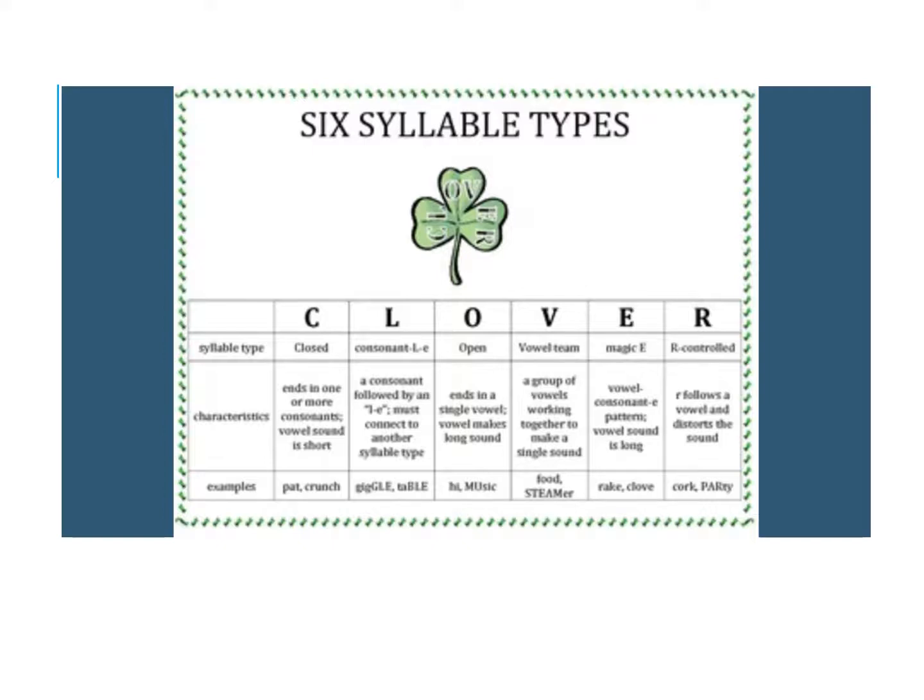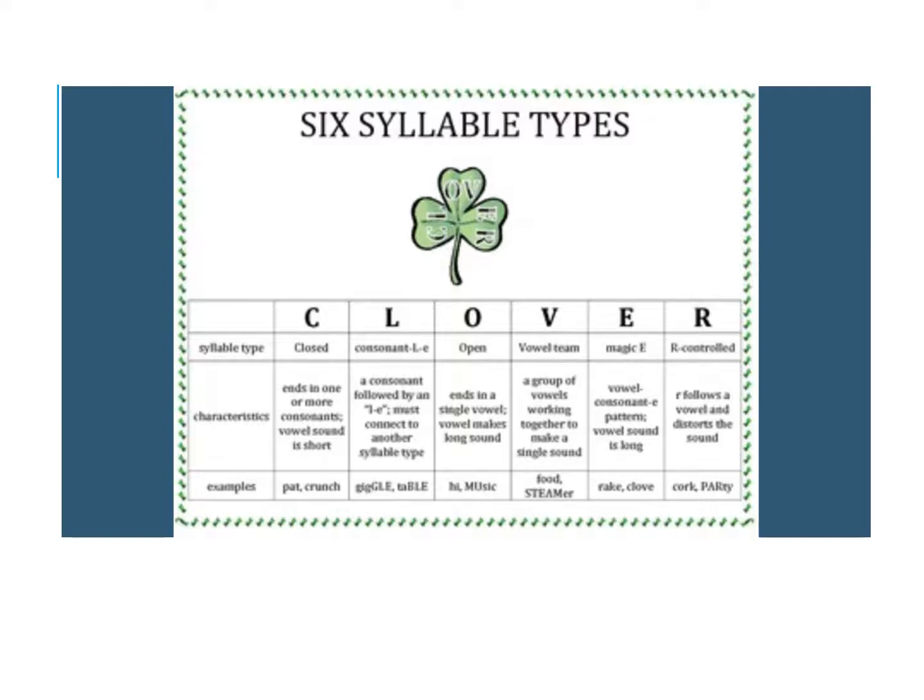There are 6 different types of syllable patterns on this chart. As you can see on this slide, it uses a mnemonic to help students remember. The mnemonic's clover. The 6 syllable types are closed, open, vowel consonant, vowel pair, vowel R, and then the consonant LE.